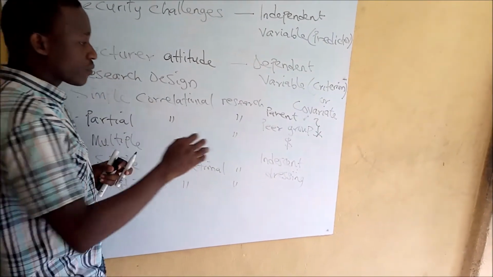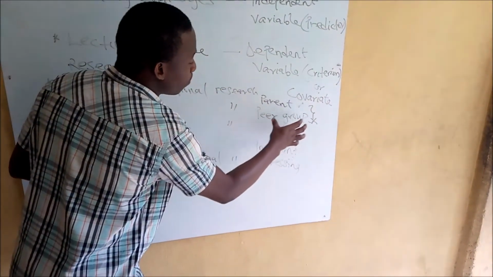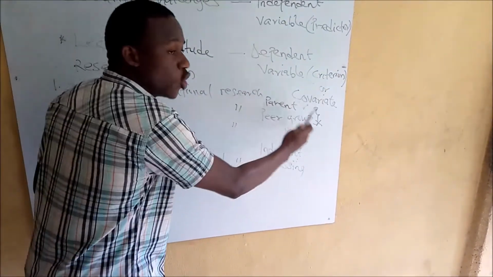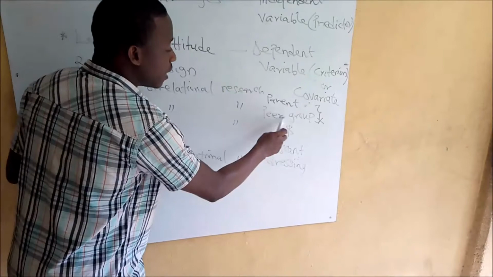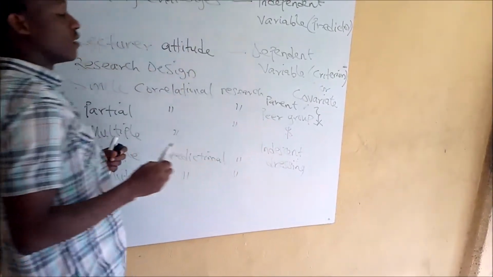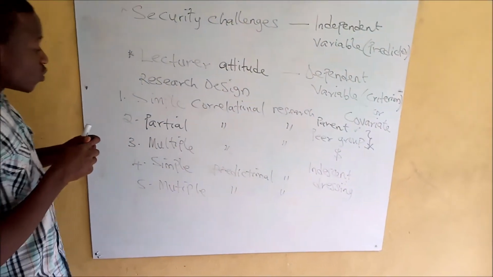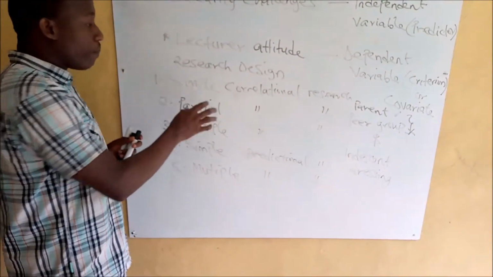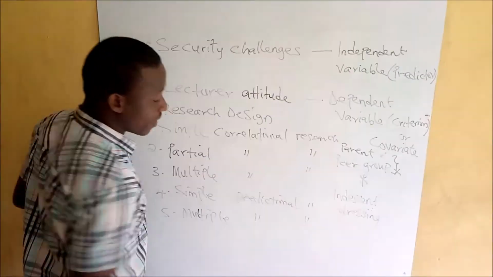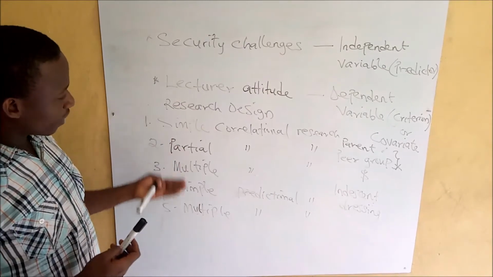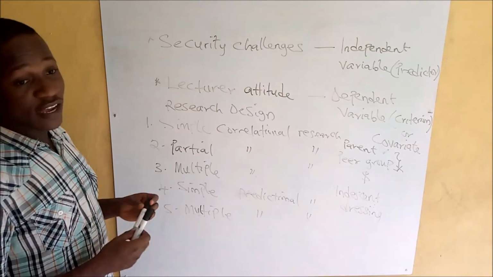Then after, you now do for peer group and partial out parents, or control parents, or remove parents, and then look at only the effect of the relationship between peer group and indecent dressing of a child. So in that type of research, you adopt a research design called partial correlational research design. So that is when we apply partial correlational research design.